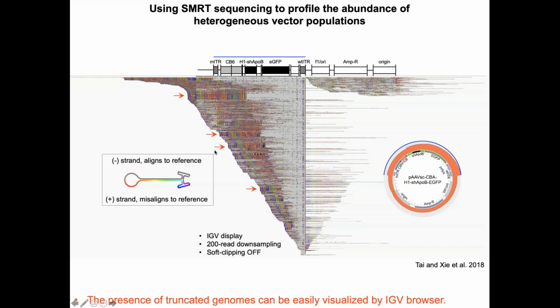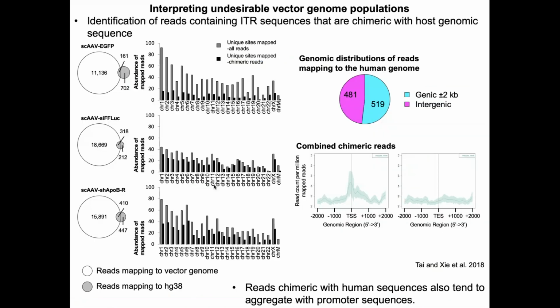But when we look at this display, what we can already tell is that there are other populations representing truncated genomes that also have this self-complementary conformation. So already through this type of investigation, we've used SMRT sequencing to explain how these truncated genomes arise, as well as start to tabulate the frequency of these truncation events.